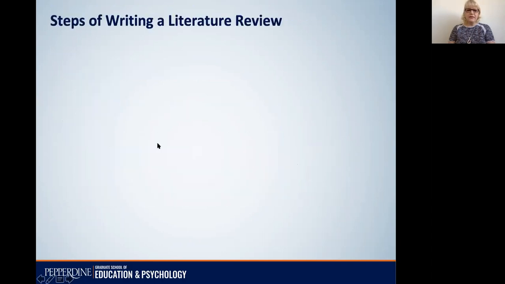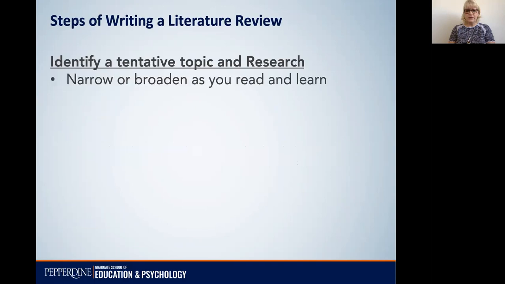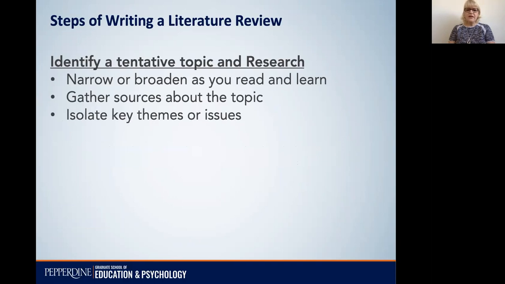So how do you begin? Well, first of all, it's important to identify a tentative topic and do your research. And as you are researching, you narrow or broaden your topic as you read and learn. Then you gather sources about your topic, kind of all happening at the same time. And then you're trying to isolate those key themes.